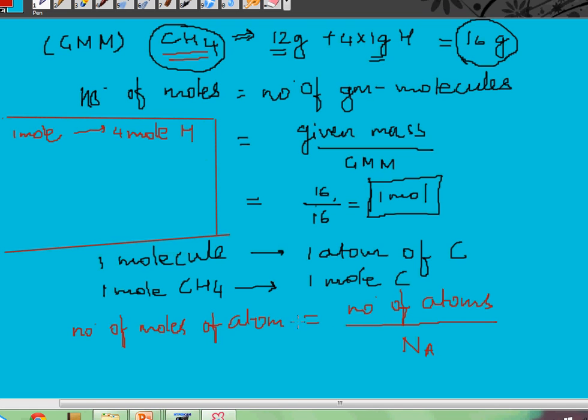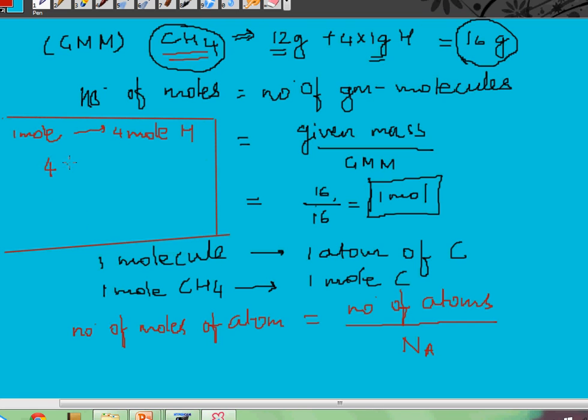In the first slide, the number of moles or number of gram particles is equal to number of particles divided by Avogadro's number. You already know that you have 4 moles of hydrogen in the question, and you have to calculate the number of atoms of hydrogen. So from the formula we can directly calculate.